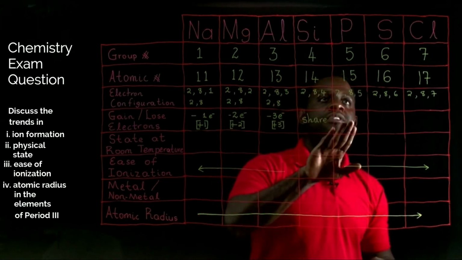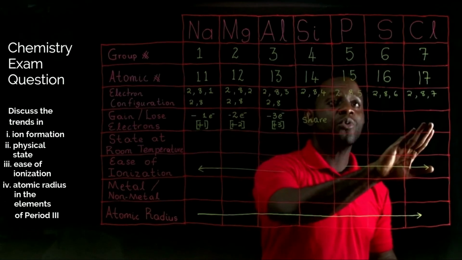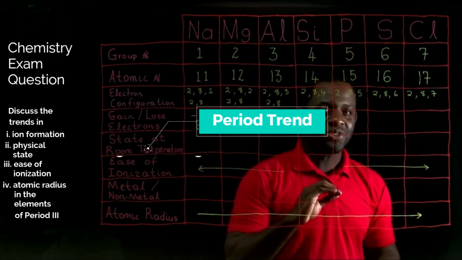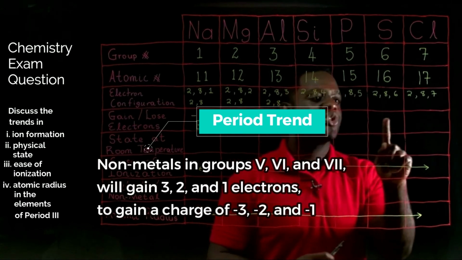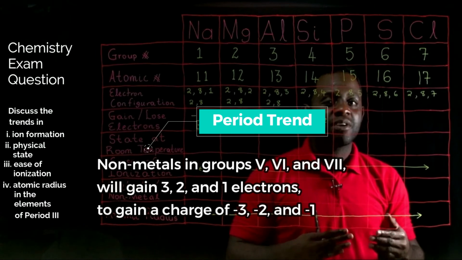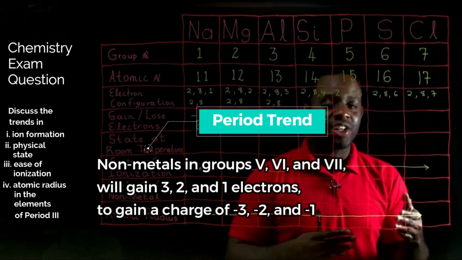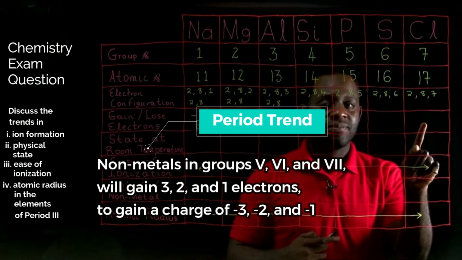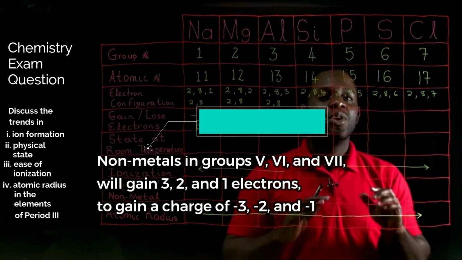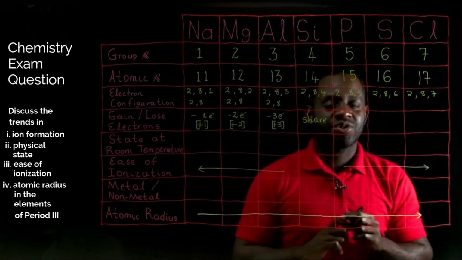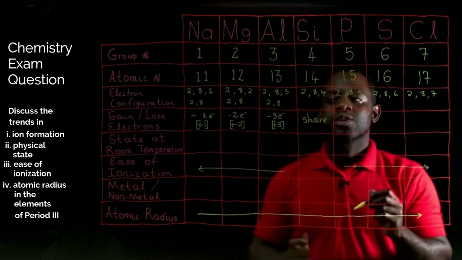For phosphorus, sulfur, and chlorine, they will gain electrons in the order of 3, 2, and 1 because they will find it easier in terms of energy to gain electrons in the order of 3, 2, and 1 than to lose 5, 6, and 7 electrons respectively.